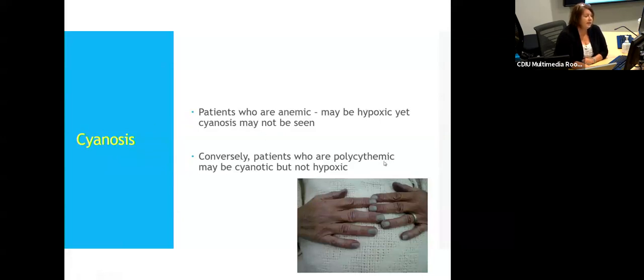Conversely, patients who are polycythemic, who have a high hemoglobin, will often be cyanotic in various shades and versions of this, but it doesn't necessarily mean that they have tissue hypoxia. This is an interesting thought because most of the time when we think about being cyanotic, we think that they're hypoxic, but it's not necessarily true, especially within our cardiac population.